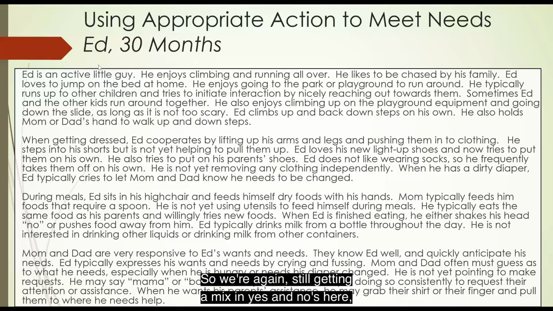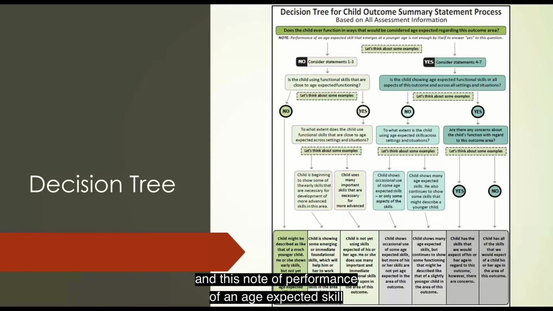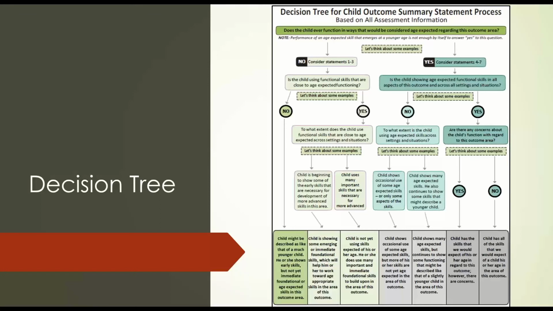All right, so we're still getting a mix of yes and no's here, and there's a reference to his gross motor skills, which I think is exactly the question. This brings us back to the note at the top: when we're looking at his gross motor skills, the performance of an age expected skill that emerges at a younger age is not enough by itself to answer yes to this question.